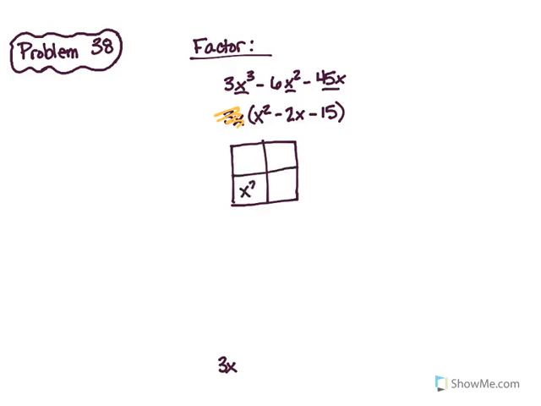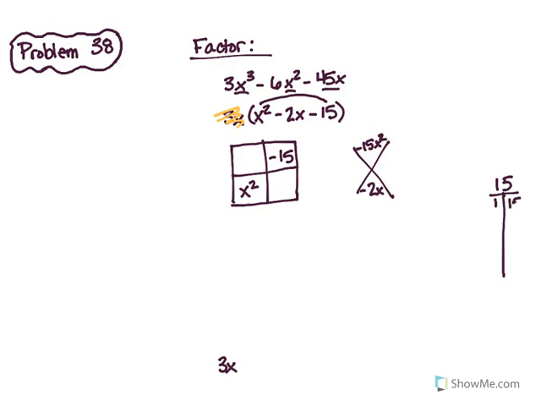I have my first term in my first box, my last term in my last box. I'm going to draw my diamond. Remember, I multiply these two for the top, so negative 15x squared. My middle term goes on the bottom. And I'm going to list my factors of 15 to see which one I'm going to use.